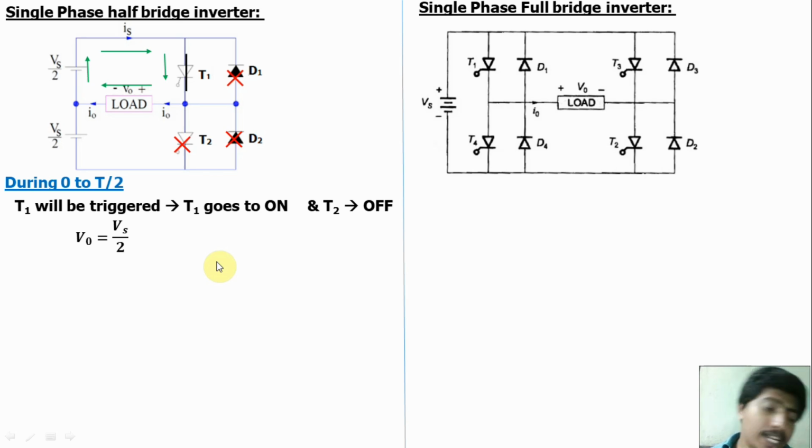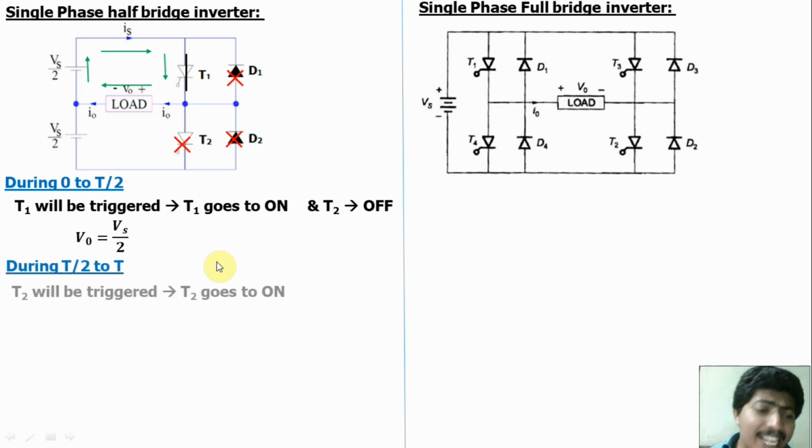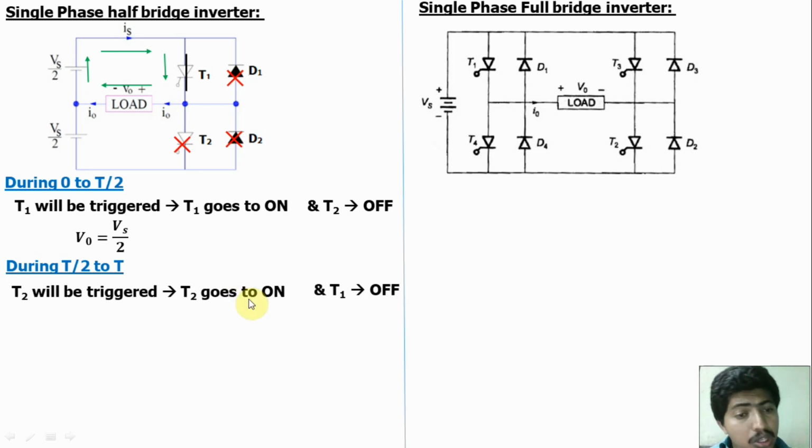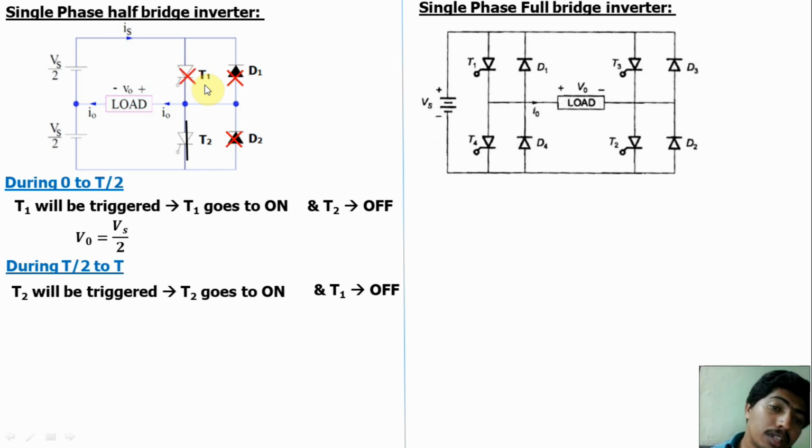In the next half cycle, T/2 to T, T2 is triggered externally, so T2 goes to on, and at the same time T1 goes to off. T2 acts as a short circuit because it is on, with no drop across the diode. T1 is off, and the diodes are also off.